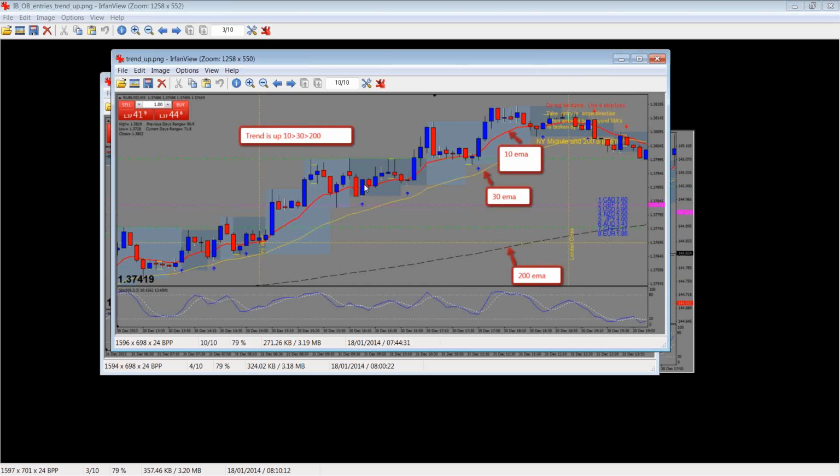So in this situation right here, this candle did not break above the 10, but the following candle did. We will go a maximum of 3 candles from the signal to validate the entry.